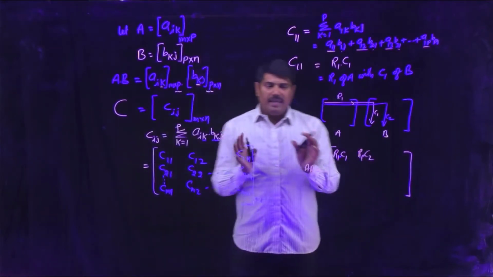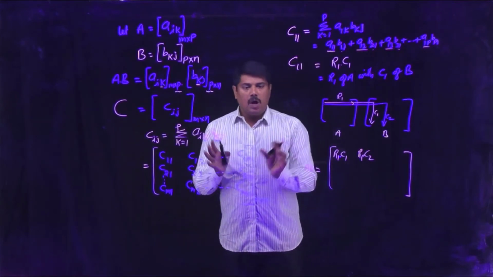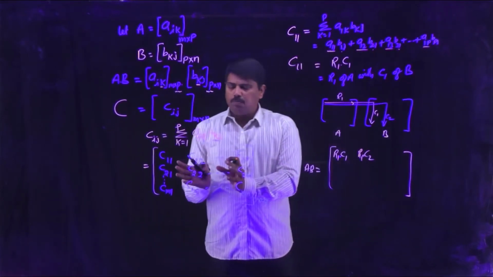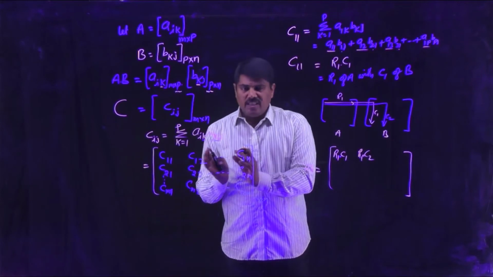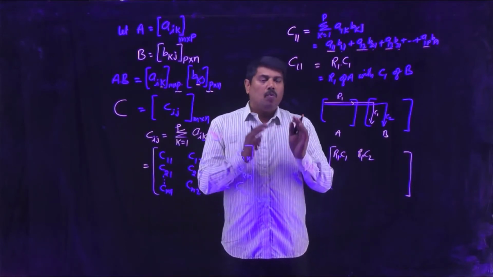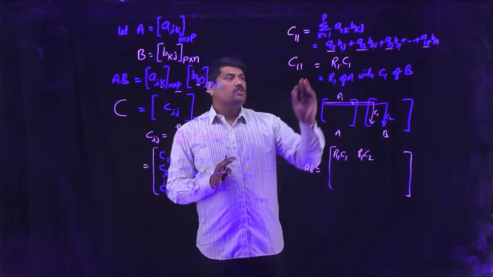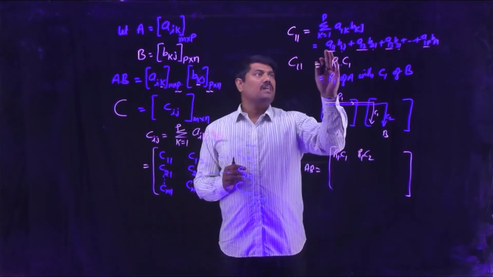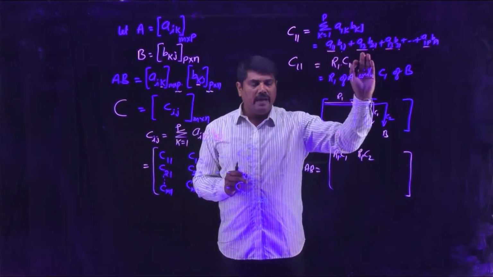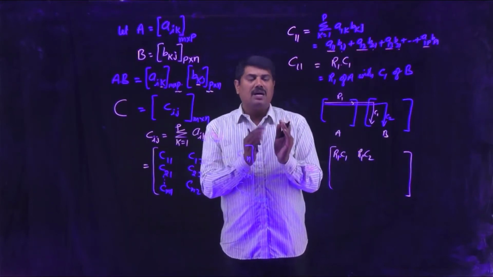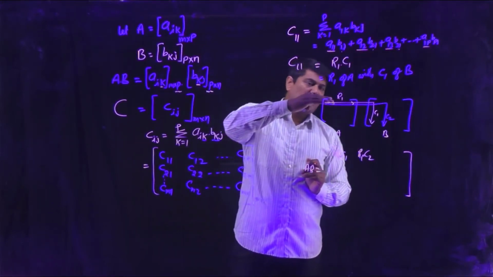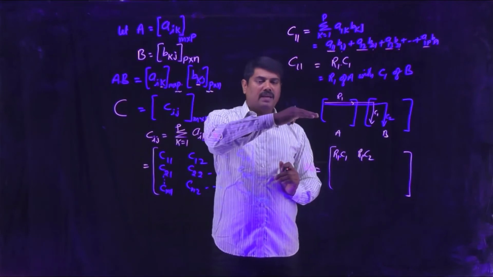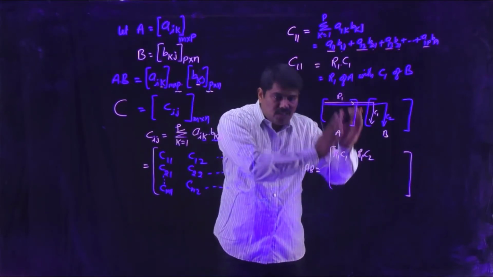So here there is a logic: how we obtain the new matrix depends on the position of the element. The elements are the sum of the products of the rows of the first matrix multiplied with columns.